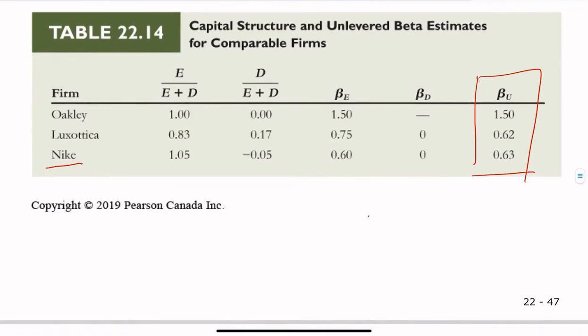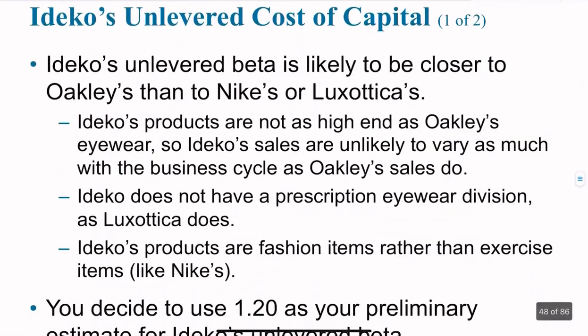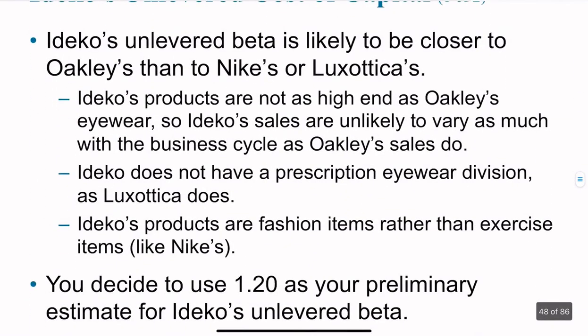That is, you will dig deeper and think about comparable firms' businesses and IDACO's business. And you will look at the similarities and the differences between comparable firms' businesses and IDACO's business. And then you will adjust your estimation of beta for IDACO accordingly. So let's see the story here.